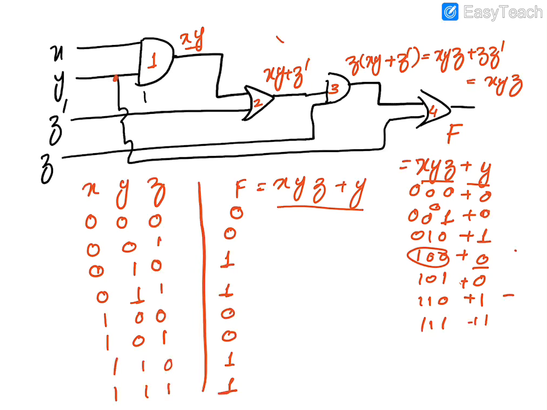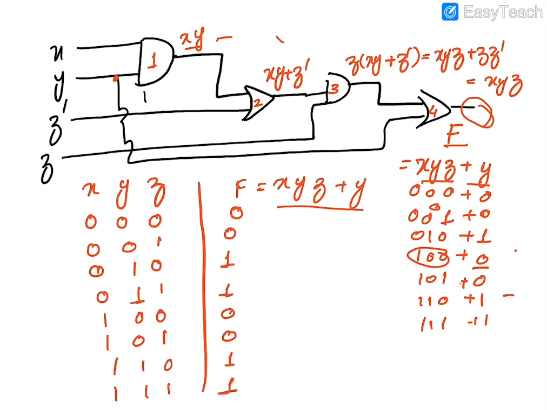So a circuit diagram will be given, which you have to analyze, and in analysis you have to first write the outputs of each gate and finally the whole output, which is F. The outputs can be 1, 2 or 3 or more. Just like in the case of half adder and full adder, we had 2 outputs, and in code converter we had 4 outputs.